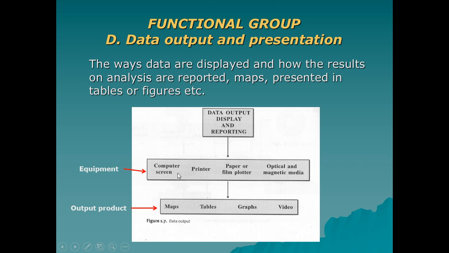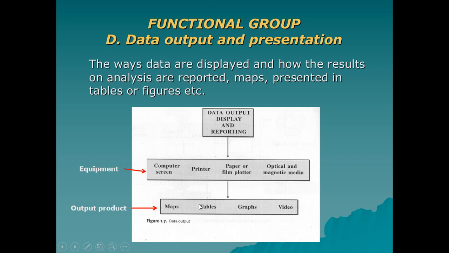The computer screen will display your final map. Printers can print out those final maps so you can have a hard copy, the final paper map, or a paper or film plotter. And here we have some older technology that's not much in use.